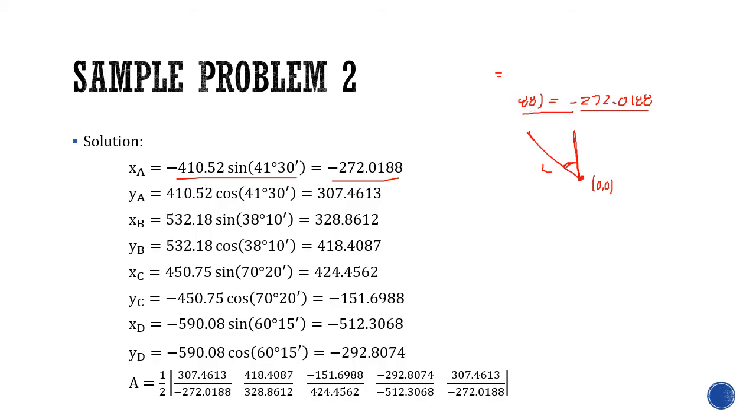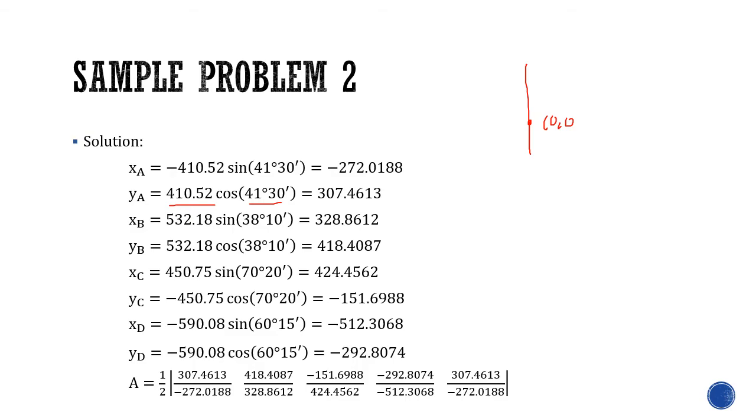Paano naman yung y coordinate? Para makuha mo yung y coordinate, kailangan mo lang yung latitude. To get the latitude, that is simply L cosine of the bearing. So this is 0, 0. Yung minove niya pa west ay 272.0188, tapos minove niya pa north ay 307.4613.